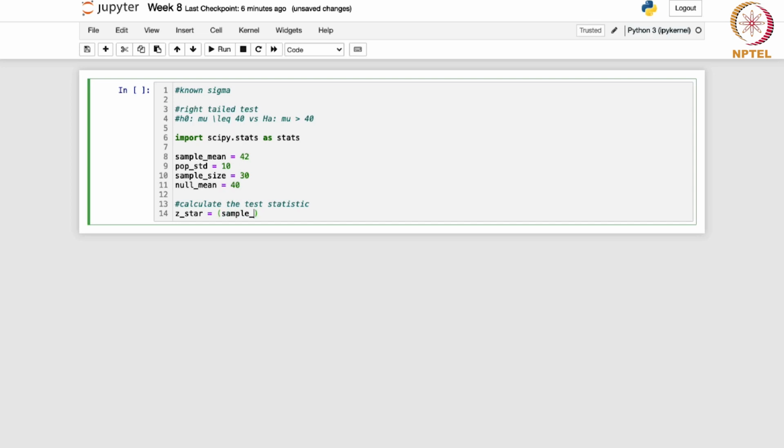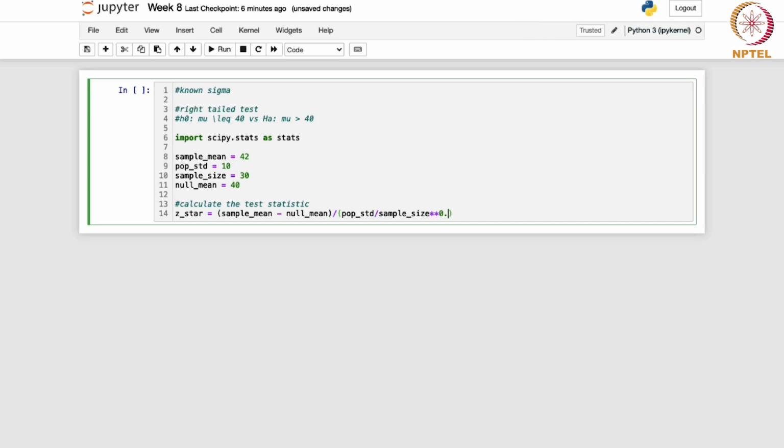So we will write sample mean minus null mean, whole divided by pop std, divided by sample underscore size raised to the power 0.5, because we have to take the square root of that.